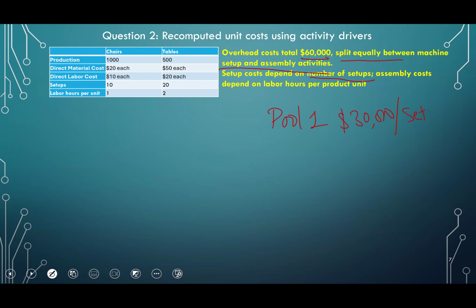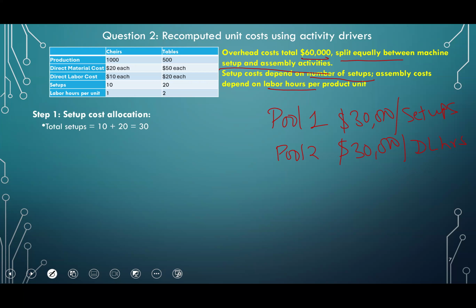So let us figure out the number of setups. I have a second pool, which is called assembly, $30,000 in that pool also, to be divided on the basis of direct labor hours. Direct labor hours, how many we have, we already know, but let's start doing this.